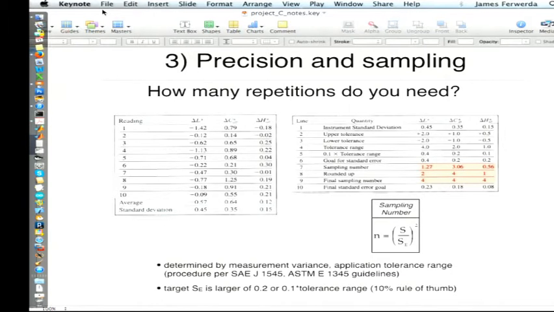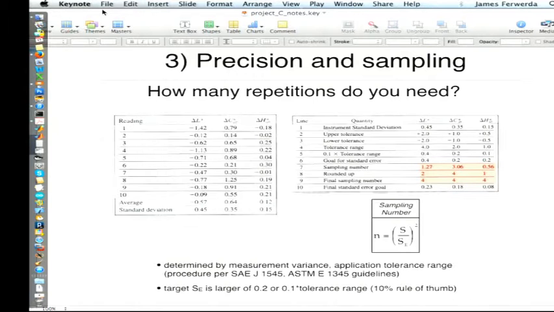So this is the goal for your standard error. So in this case, you have 0.45 over 0.4, squared, is going to give you the number of samples that you need to do to achieve a certain precision, the standard error, okay? And so when you do that calculation, this n comes out to be 1.27 for delta L, 3 for delta C, and 0.5 for delta H.